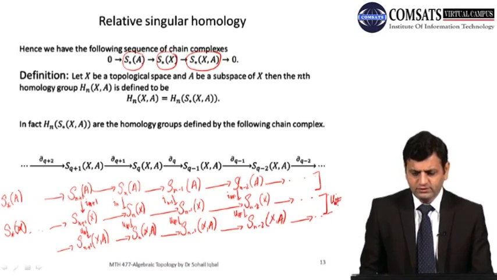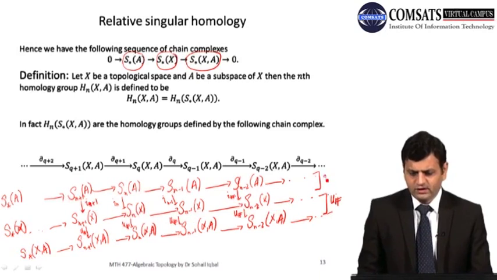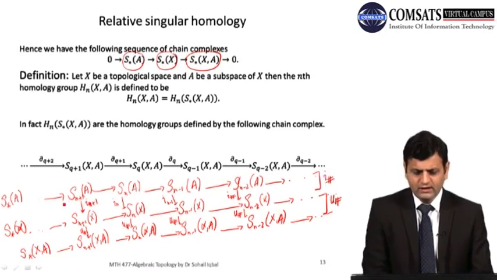So there is a u sharp between these two chain complexes, S lower star (X,A) and S lower star (X), and similarly there is this i sharp between S lower star (A), the singular chain complex of A, and the singular chain complex of X, such that this diagram is commutative.